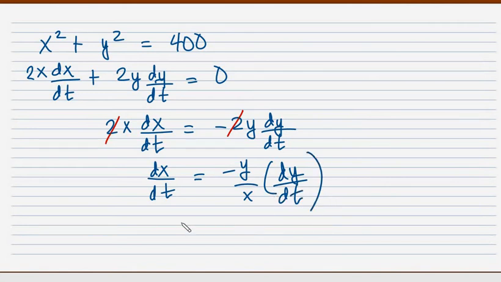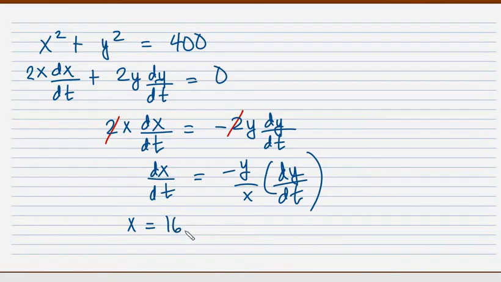Now, we want to solve the derivative of x with respect to t, which is the change of the movement of the lower side of the ladder when x is equal to 16.